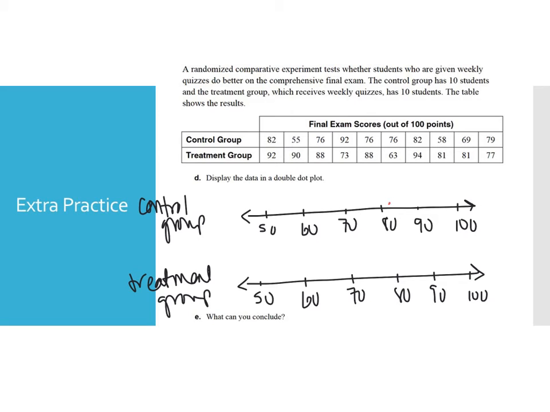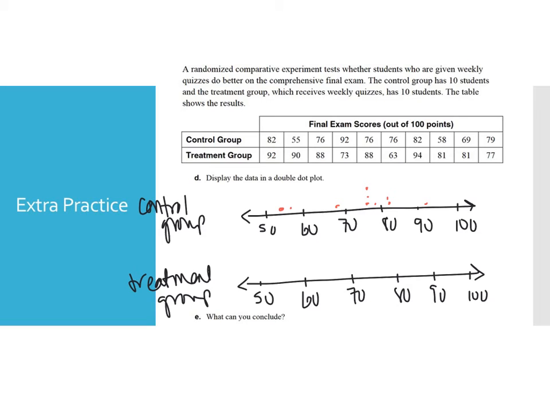Where I think 82 is, I'm just going to put a dot. And then 55 has a dot, 76, 92, 76. I got 76 again, so then you start going up. So 76, 76, 82, 58, 69, and 79.